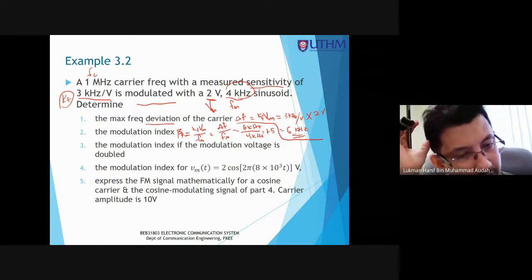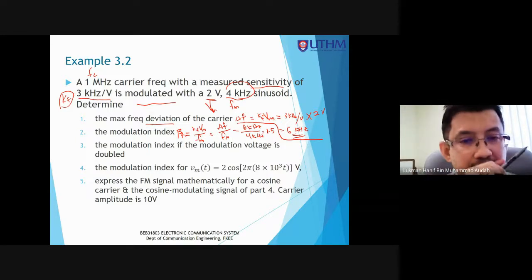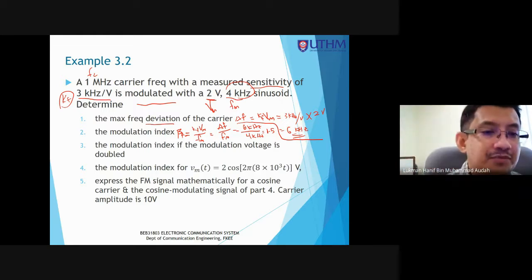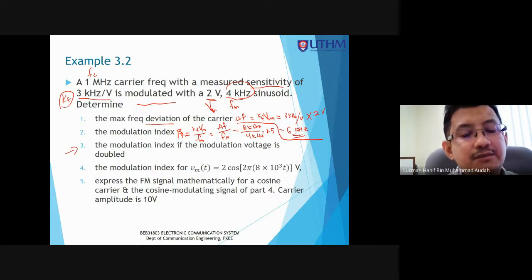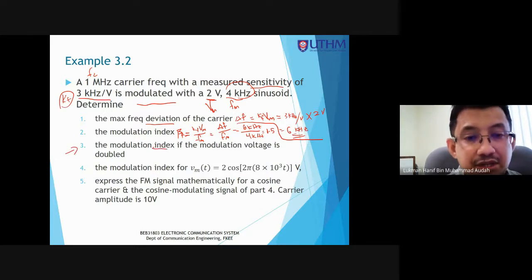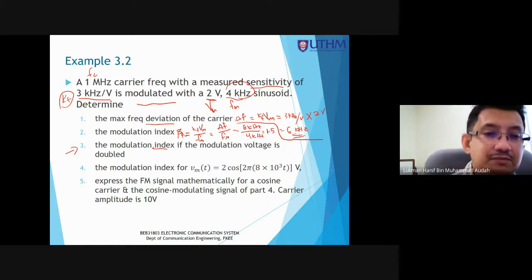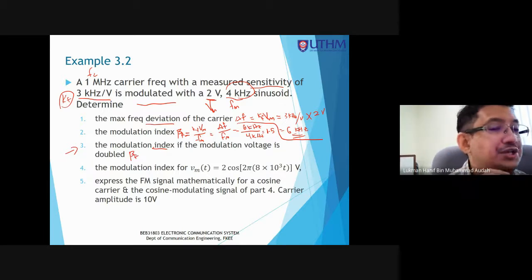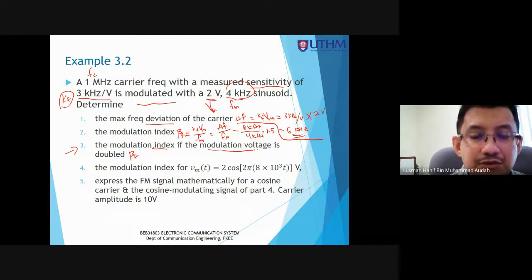Okay. Next. Class, if you have question, you can ask me. If not, I will proceed to the next question. Determine the modulation index if the modulation voltage is double. So dia suruh mencari beta f, tetapi dalam kes ini modulation voltage. Apa itu modulation voltage?